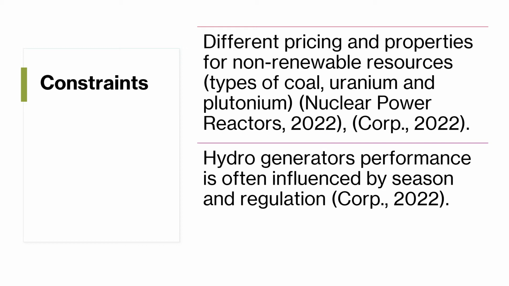Another constraint is on the different types and pricing of coal, as the different types have different properties and thus give different power output. That's why the constraint is placed on the coal types.